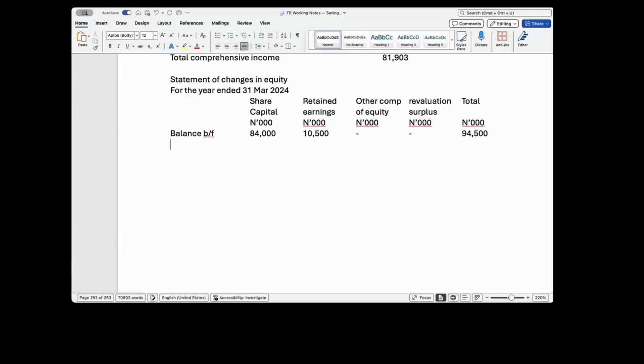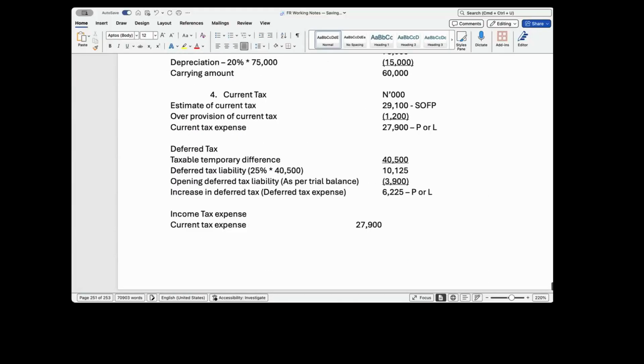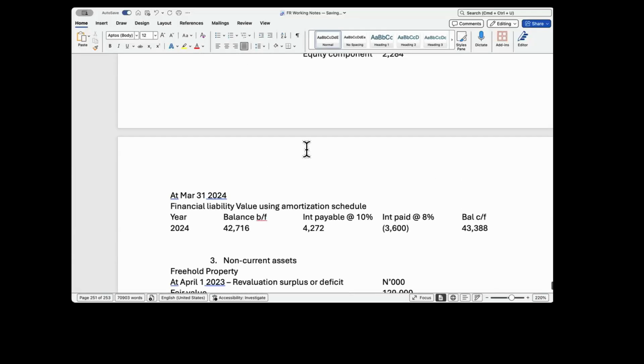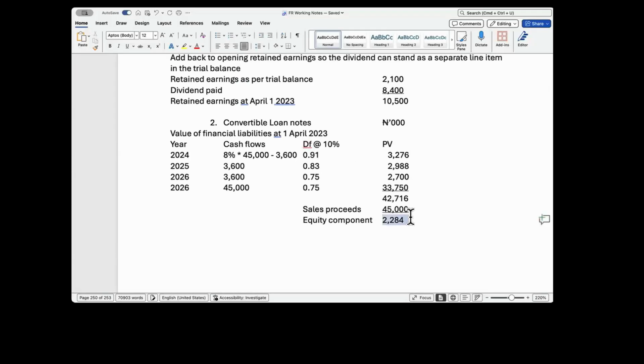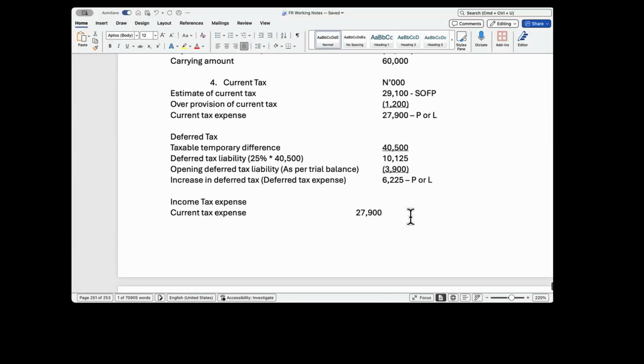Then the equity component of that convertible loan notes, we got it as how much? We got it as 2,284.